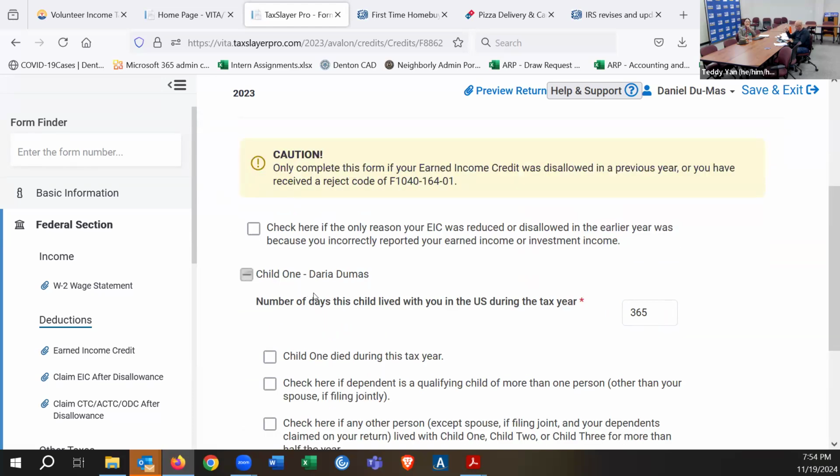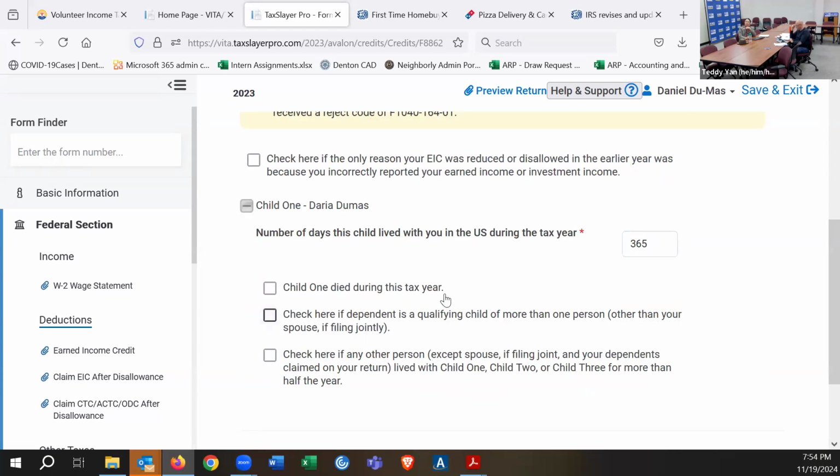So the IRS asks specifically, hey, just making sure, this kid lived with you the required amount of time, right? So we enter the number of days that they lived with him, in this case, 2023. So 365 since it was the whole year. If this was a 2024 return, we'd need to put 366 if it was the whole year. And then check if any of these things apply.